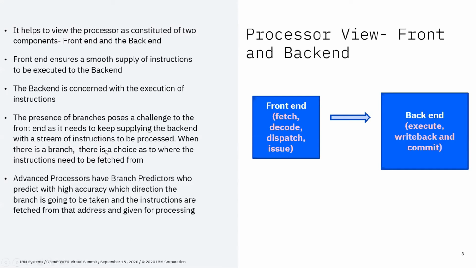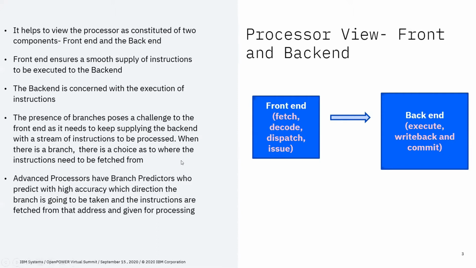So it is very obvious that if you have branches in your code, that is likely to play spoilsport in the front end, because once you have a branch, then you introduce an element of choice. You can either choose to go in one direction or the other. So the processor has to predict in advance the direction you're likely going to take, so that there's no delay in the pipeline waiting for that, and subsequently that delay doesn't get propagated further in the pipeline.